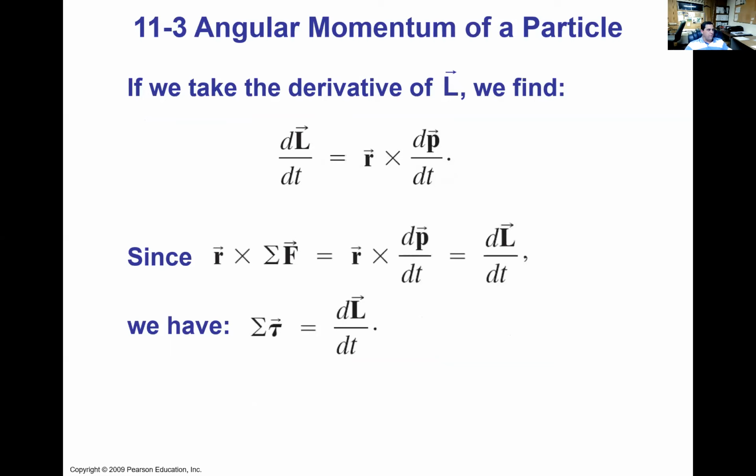If we take the derivative of L, we find that the change in angular momentum with respect to time is equal to R crossed with the change in linear momentum with respect to time. So R crossed with the sum of forces is the change in linear momentum with respect to time, and we see that this is equal to the change in angular momentum with respect to time.